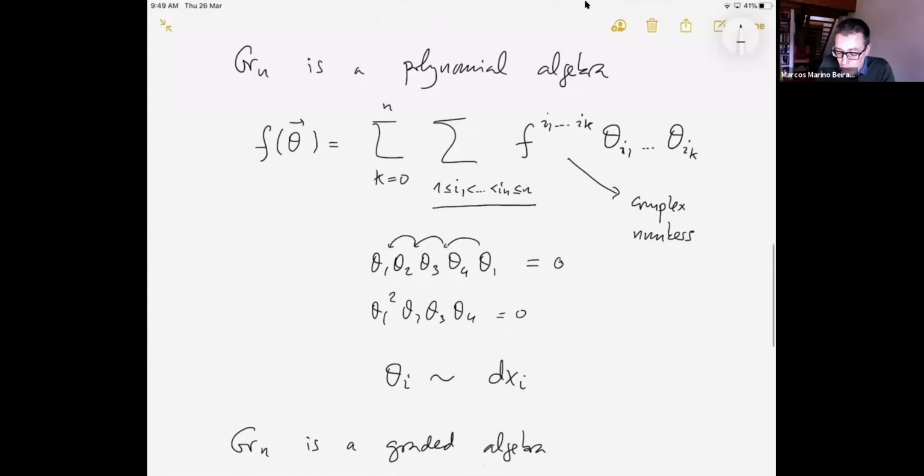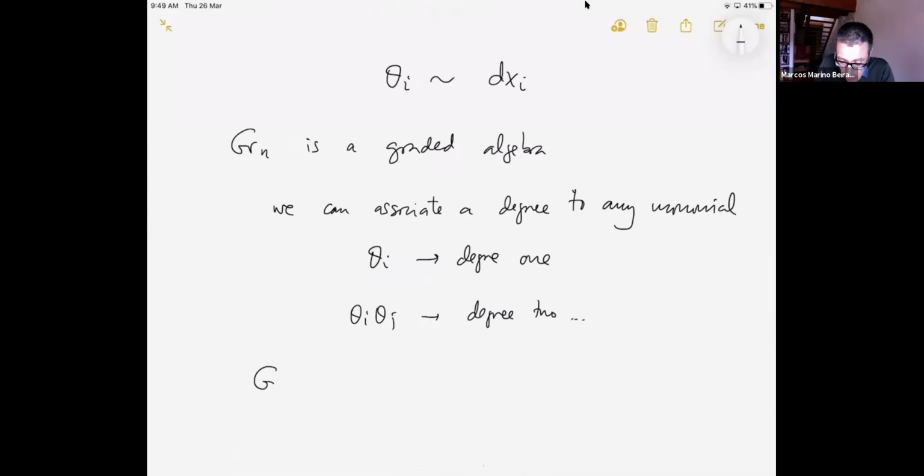So at the end of the day, I can write this as a direct sum, k from 0 to n, of GR_n^k, where GR_n^k are the elements of degree k.